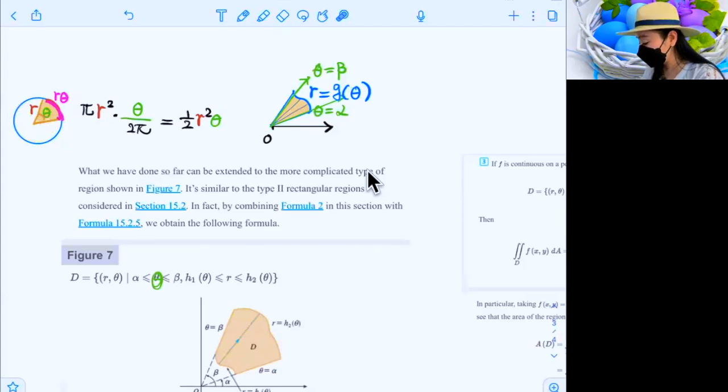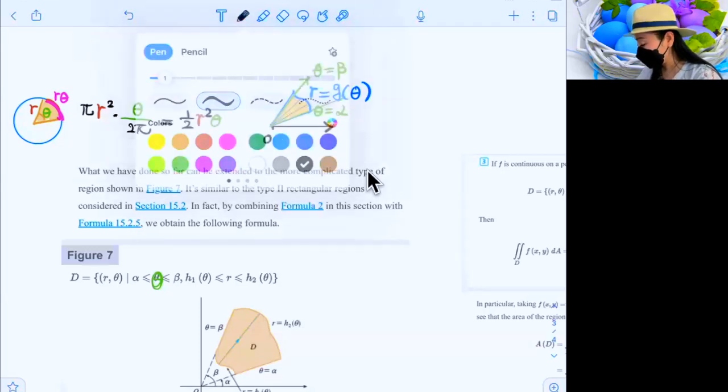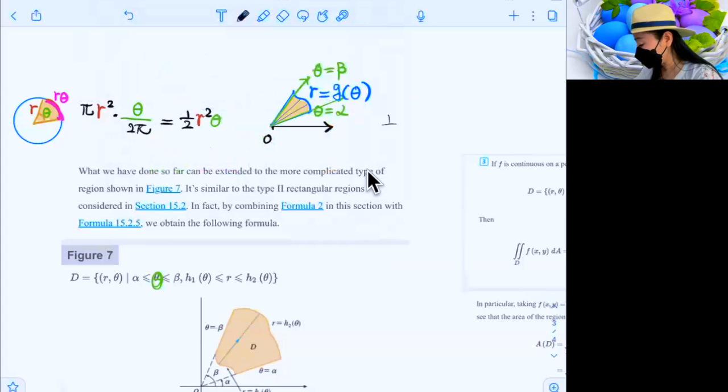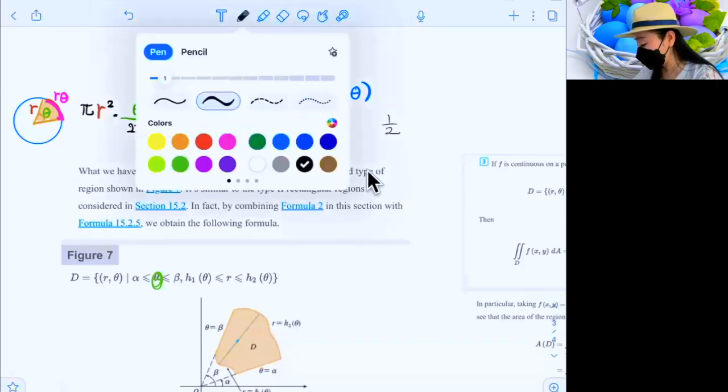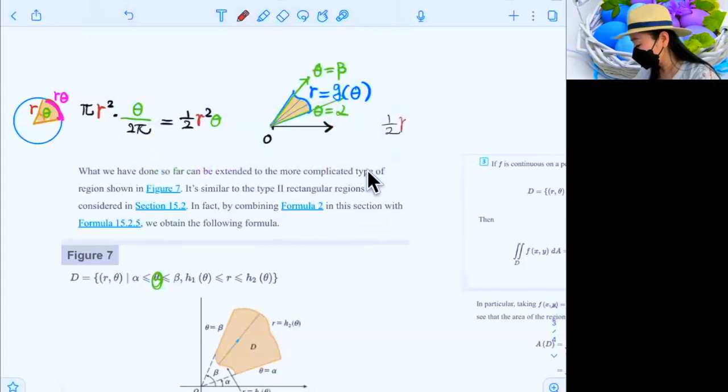And now we can concentrate on one sector. For each sector, the area is going to be what? 1/2 R squared, and then the angle this one is facing, which is the small change in theta.